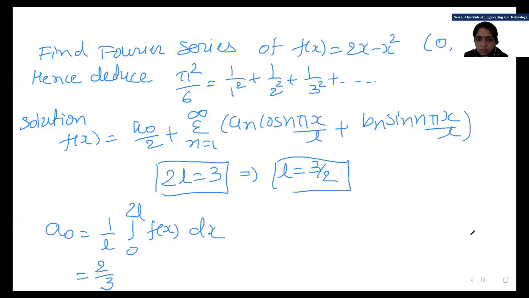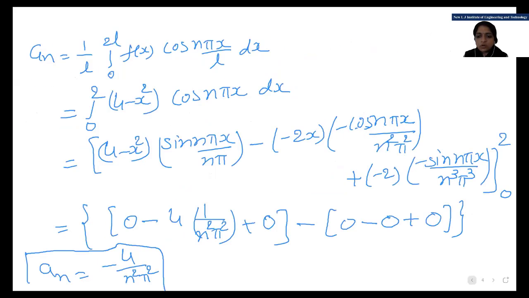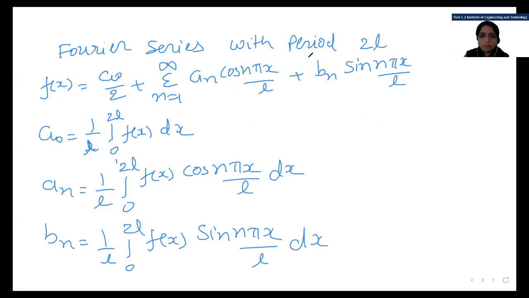Then we always compare. Yes, Devarsh. We always compare the upper limit with 2L only, because this is the general, see, as I told you, the formula, Fourier series with period 2L, right? With period 2L means 0 to 2L.